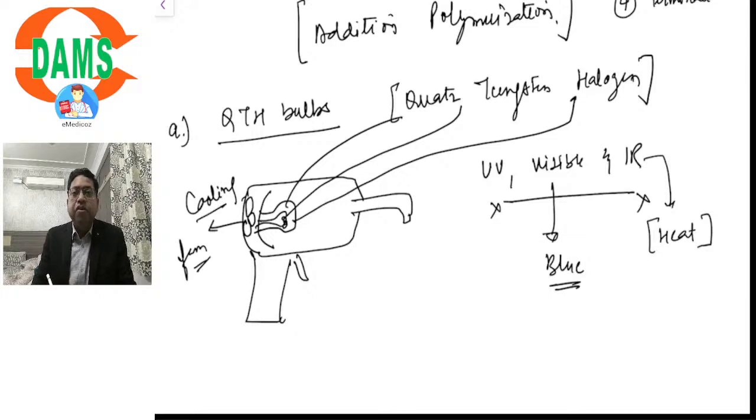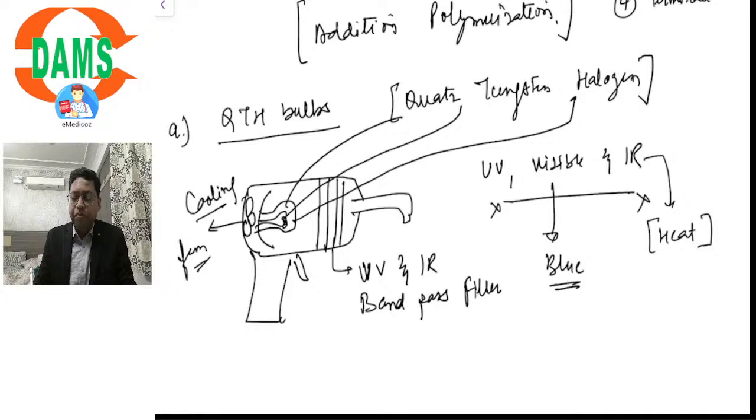And it is emitting all sorts of radiations, so we require certain filters. What filters? The ultraviolet and infrared band pass filters. They would remove the unnecessary ultraviolet and infrared light, and only the blue light is emitted from this light guide.